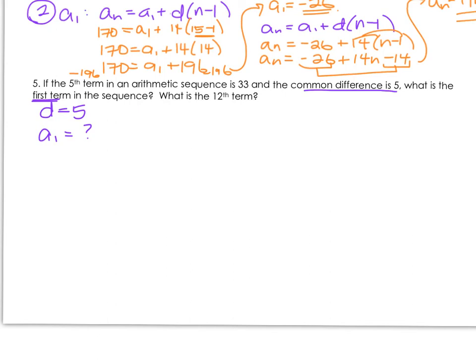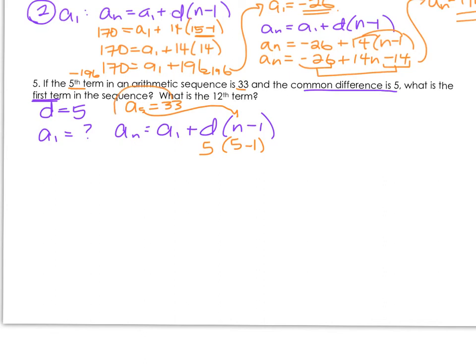We'll do the same thing that we did up above. We'll use the explicit arithmetic definition, a sub n equals a sub 1 plus d times n minus 1. We know d is 5. That's great. What else do we know? It says the fifth term is 33. That means a sub 5 equals 33. So if I plug in 5 for n, that would be 5 minus 1.